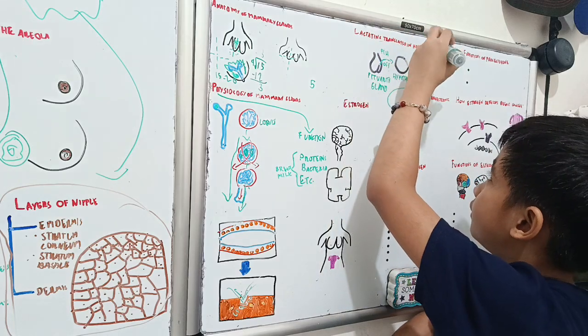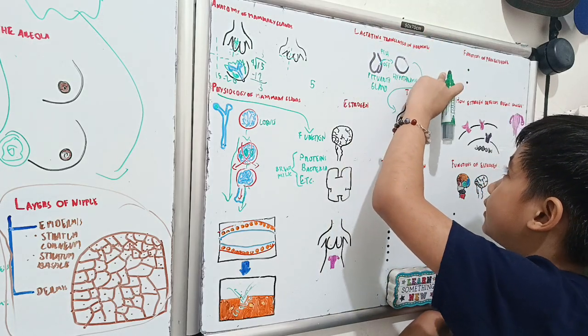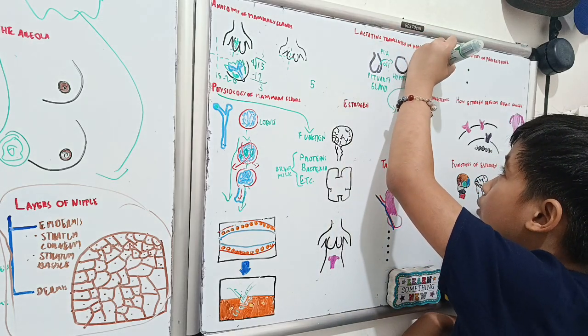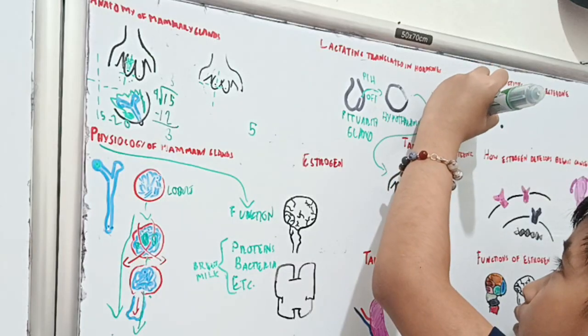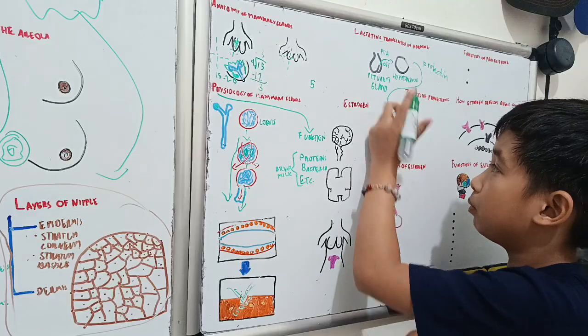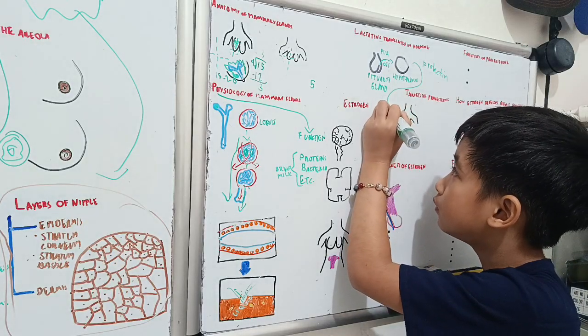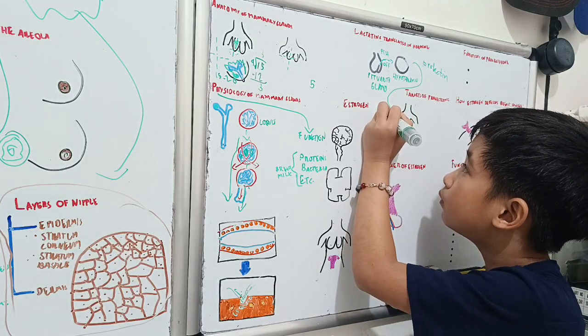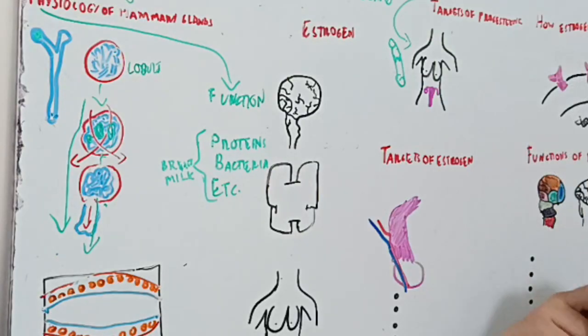It will send now prolactin, and then it will go to the breast by blood vessels. Okay, so that just happens, right?